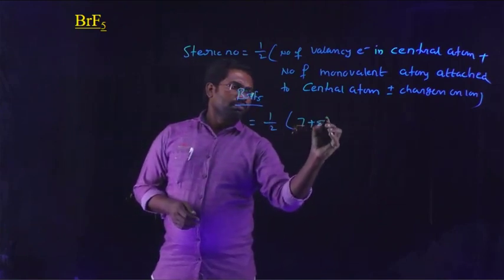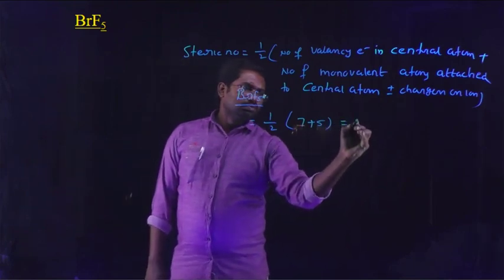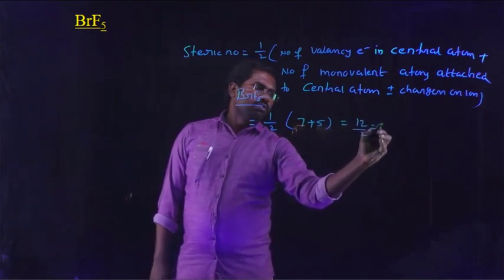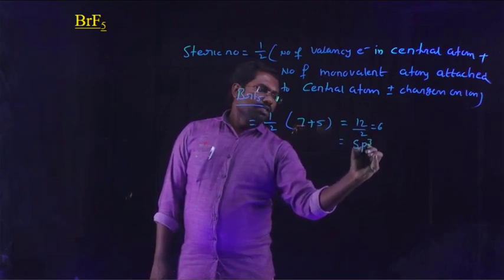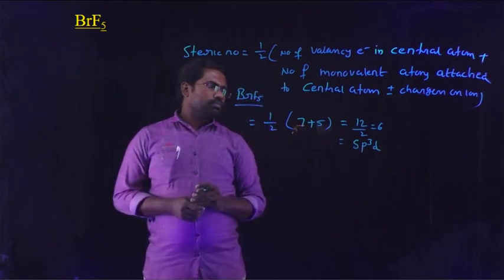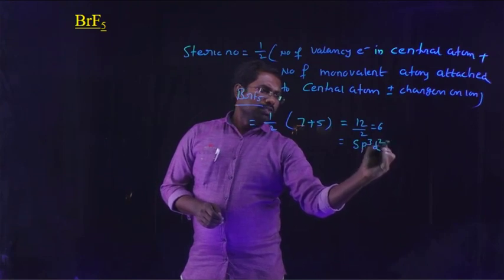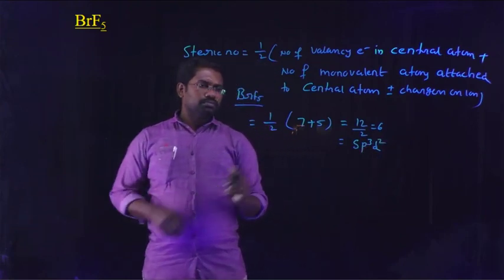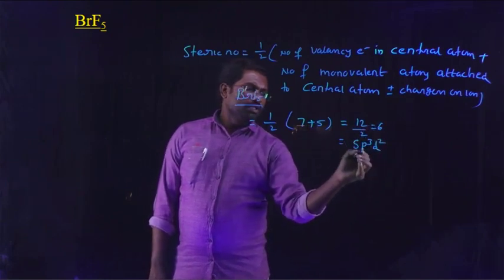Here 5 fluorines, 7 plus 5, this is equal to 12 by 2, that is 6, so the hybridization is sp3d2. Here steric number is equal to 6, therefore hybridization is sp3d2.